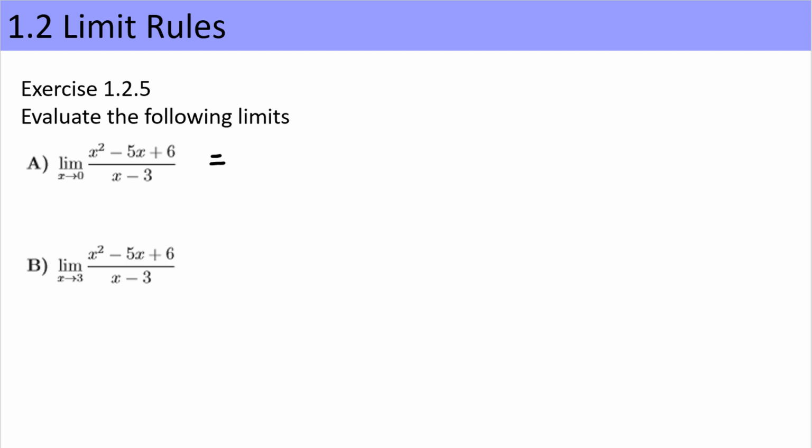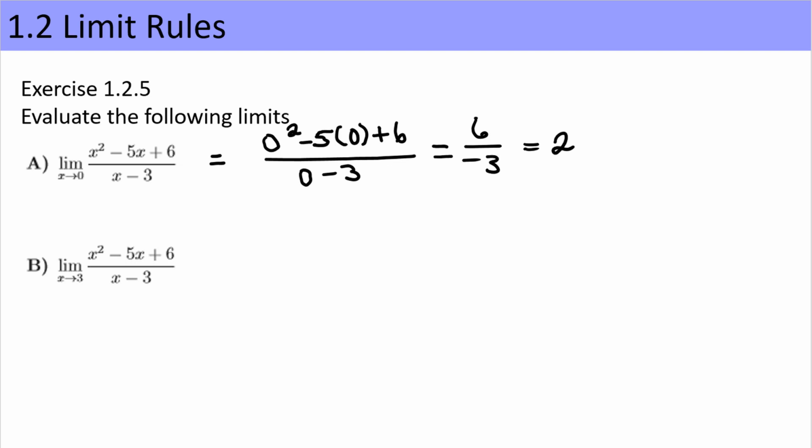If I put in 0 for x, we get 0 squared minus 5 times 0 plus 6, divided by 0 minus 3. So we get 0 minus 0 plus 6 divided by negative 3. That limit is negative 2.